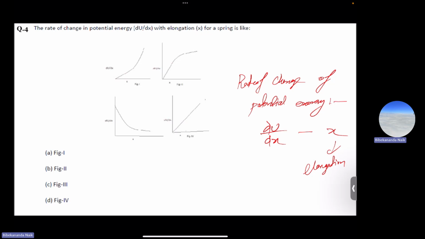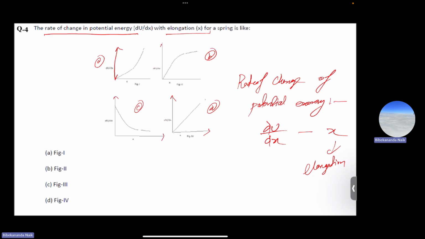Which of the figures correctly represents the relationship between the rate of change of potential energy and elongation x? So this is figure 1, and these are options A, B, C and D. So x is along the x axis and dU by dx is along the y axis.